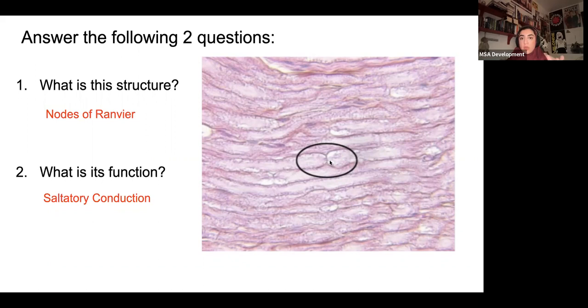And that is why, and this is actually an important concept also because when you get other questions, for example, about Guillain-Barré syndrome or other demyelinating diseases such as multiple sclerosis, you kind of lose the nodes of Ranvier, so you don't have saltatory conduction in the same way because you have a lack of myelin, so the breaks are bigger, so it's not necessarily like a traditional node of Ranvier.